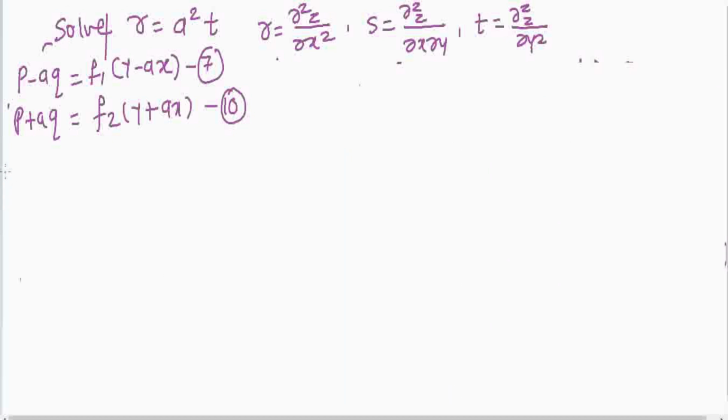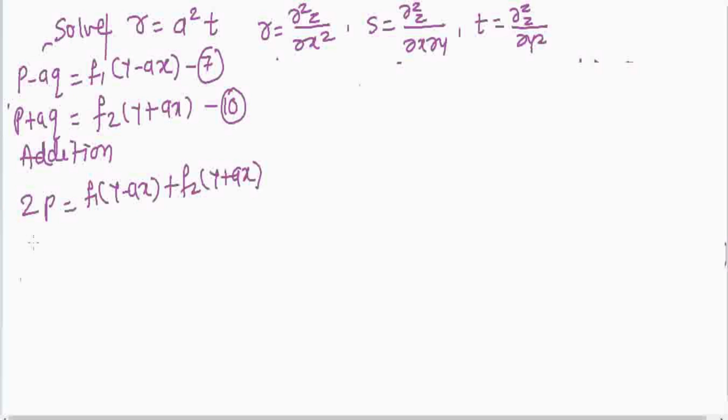Addition of these two gives 2p equal to f1 of y minus ax plus f2 of y plus ax, and this gives p equal to 1 by 2 into f1 of y minus ax plus f2 of y plus ax.